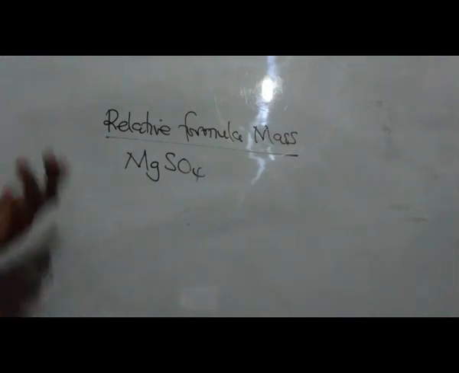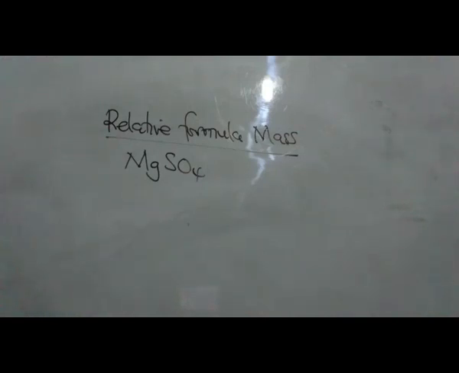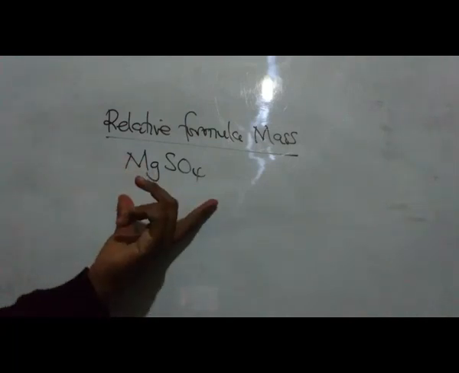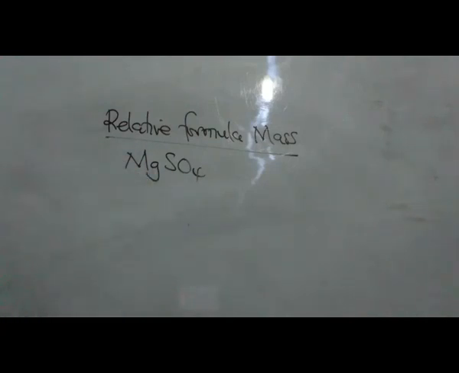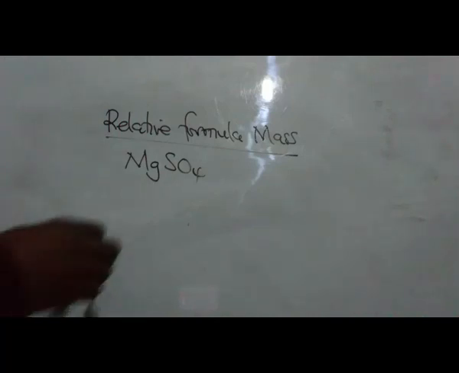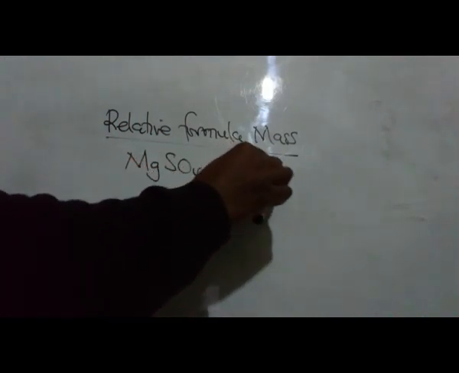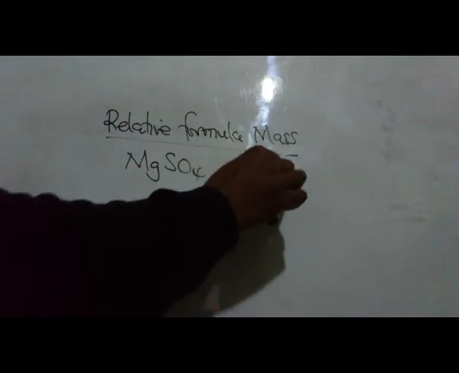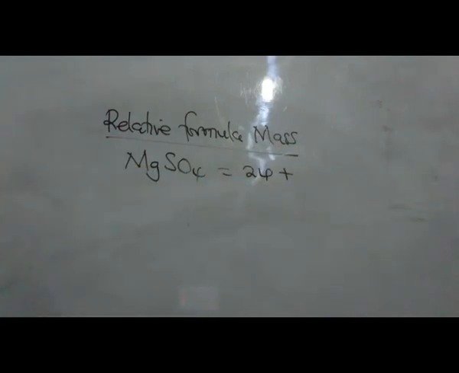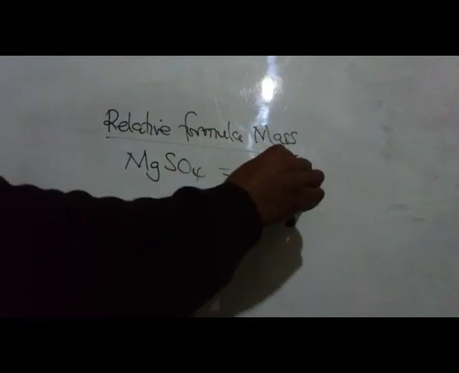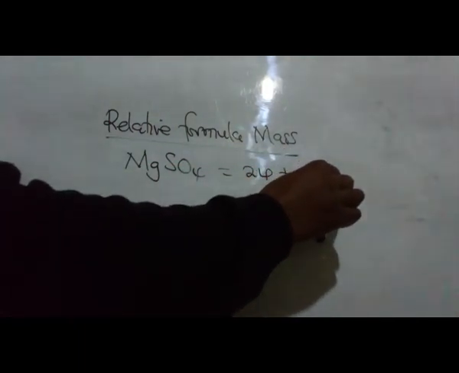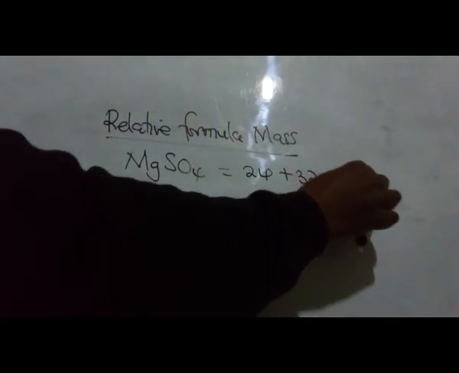The same way that we calculated the molecular mass is the same way that we're going to calculate the formula mass. The difference is that this is a formula, it's not a molecule. This is the formula of magnesium sulfate, and we can say magnesium is 24 and sulfur is 32 and oxygen 16 times 4.